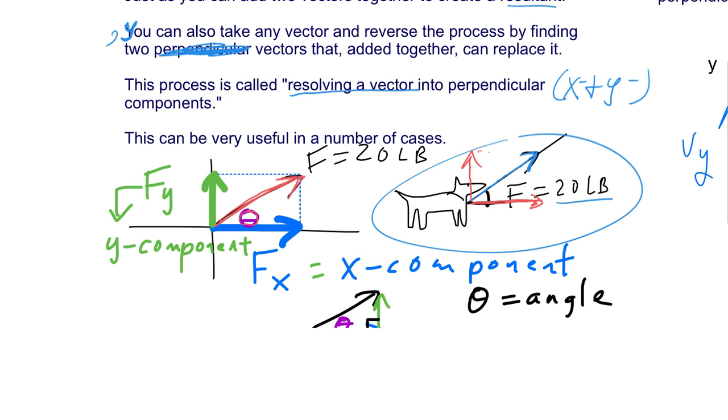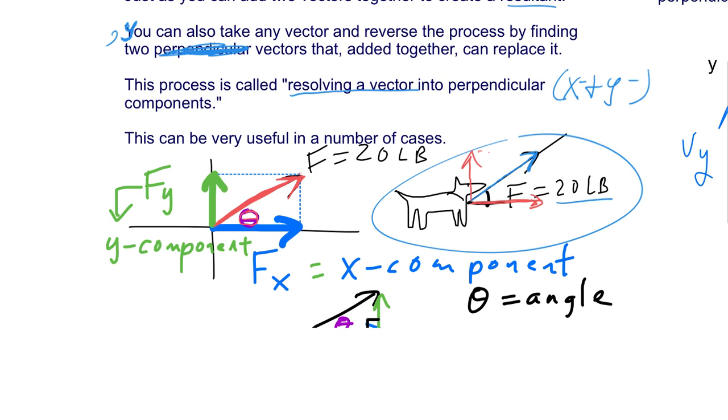I use the symbol theta for the angle, and I draw a box from the tip of the force that I'm trying to break into its components and to the x and y axis. Okay, so here in green is the y component of the 20-pound force, and the blue horizontal component or x component.